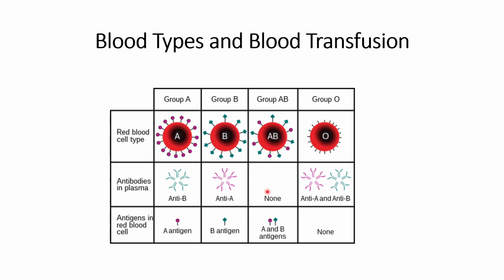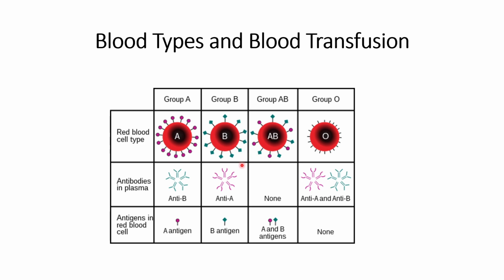And group AB has both the A antigen and the B antigen. It can donate blood only to human beings that have group AB.